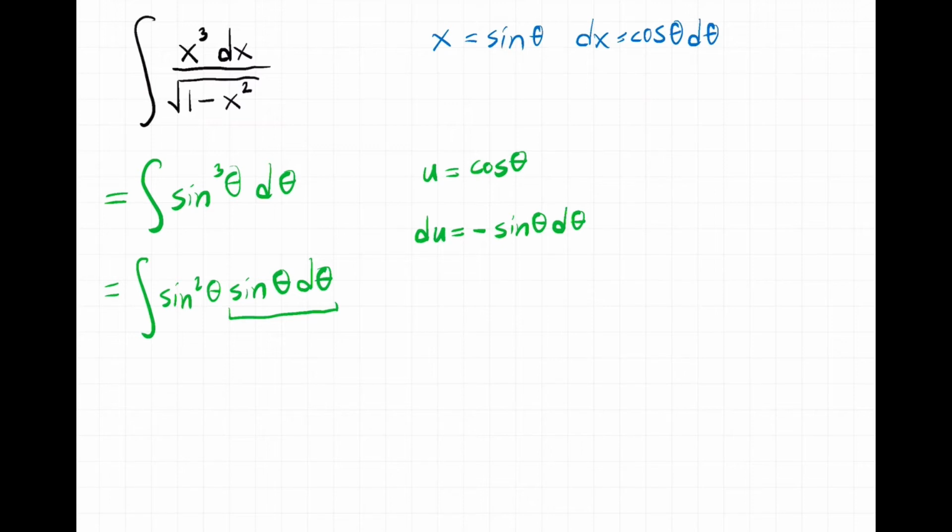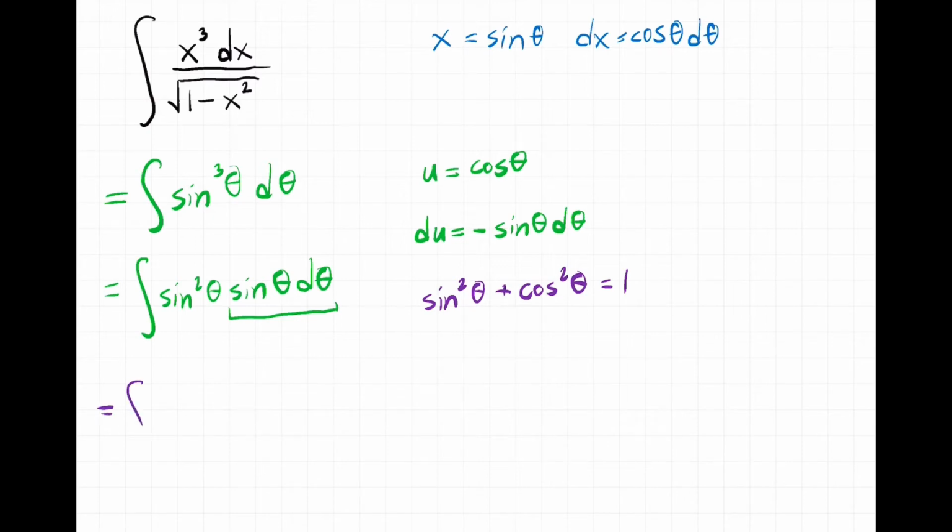So, as usual for our trigonometric integrals, we have a bit of a problem here, that the rest of our integrand that isn't part of du is involving sine theta instead of cosine theta, where our u is cosine theta. But that's okay. We can use the Pythagorean identity again to simplify that. Again, let's recall that sine squared theta plus cosine squared theta equals 1. That means that sine squared theta is actually equal to 1 minus cosine squared theta.